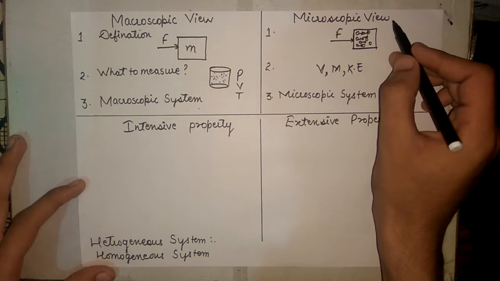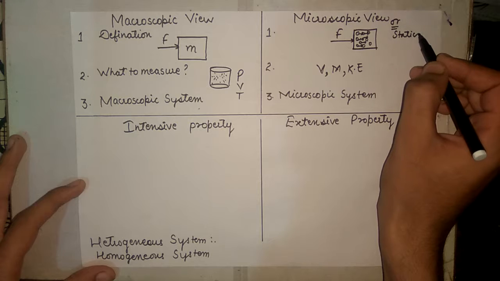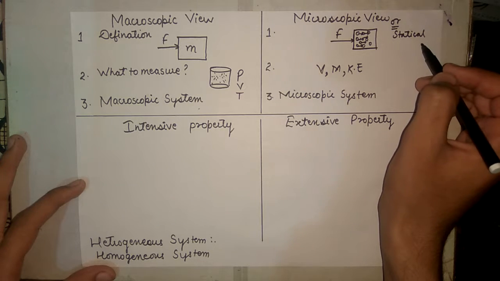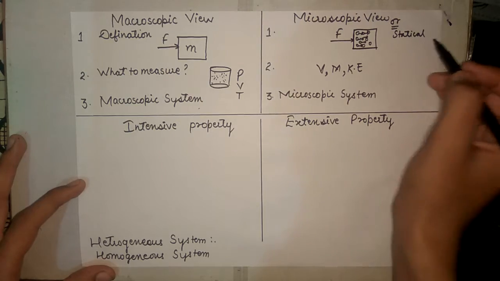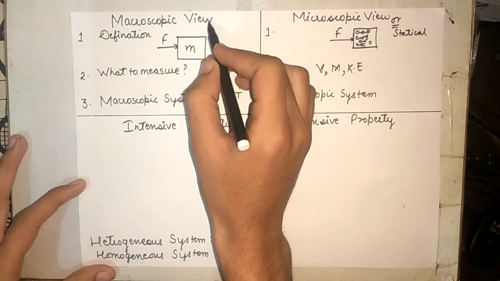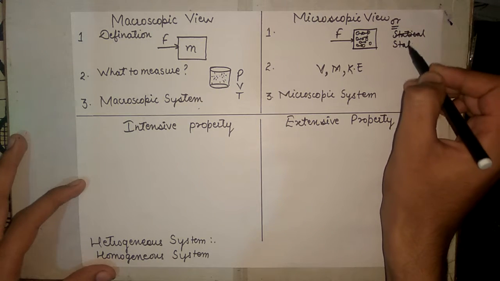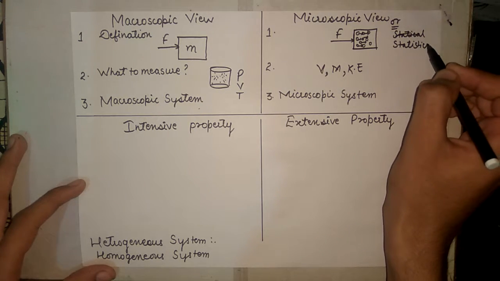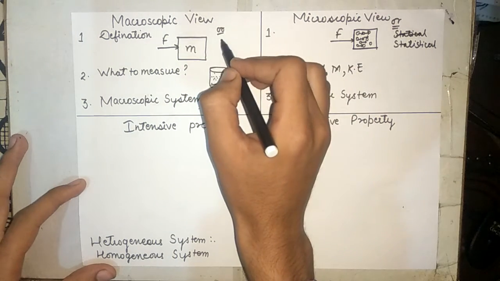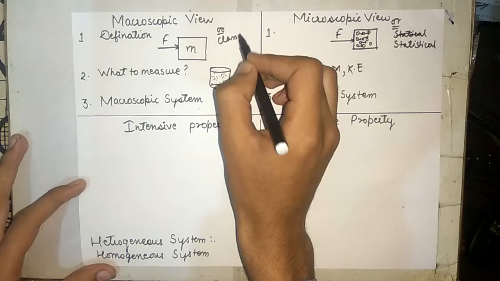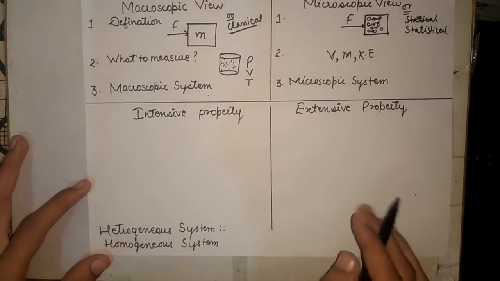That's why it is also known as the statistical viewpoint. Okay, statistical viewpoint, and this is, we may say, the macroscopic viewpoint or classical viewpoint.